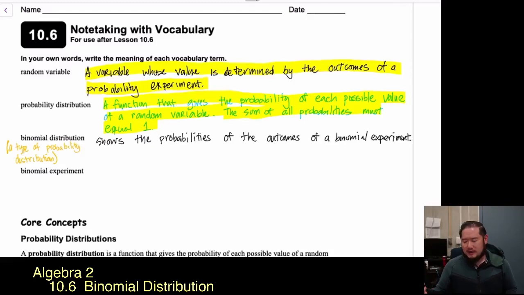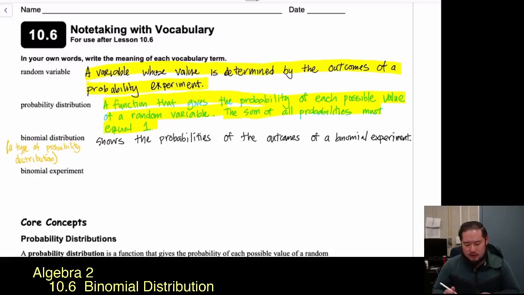But the sum of all the probabilities is going to equal 1. When you take 1/2 and add 1/2, or 50% and add 50%, of flipping heads or tails, it ends up equaling 1.